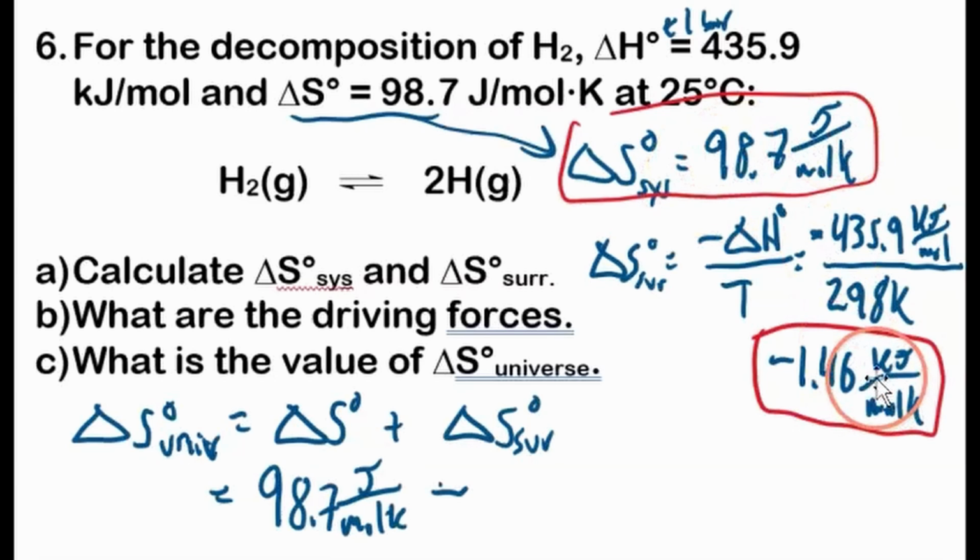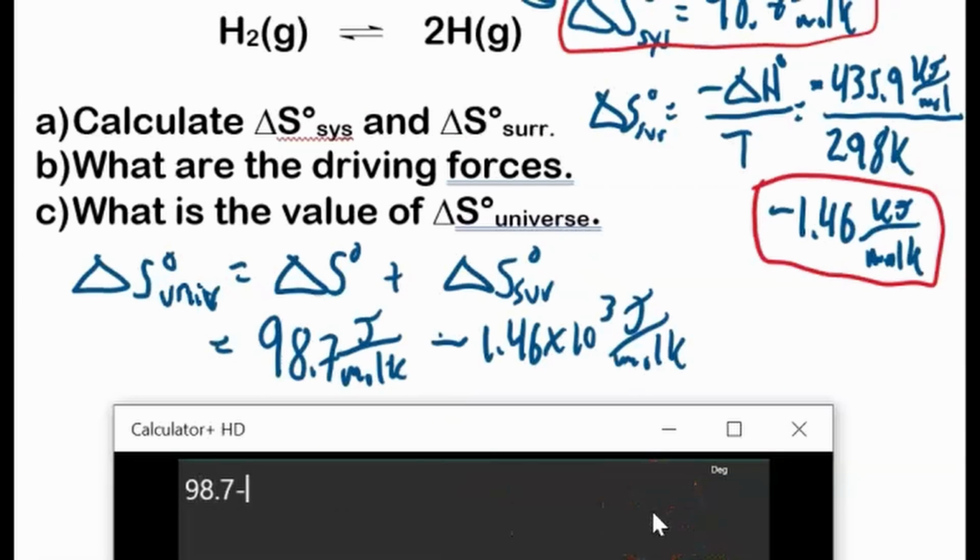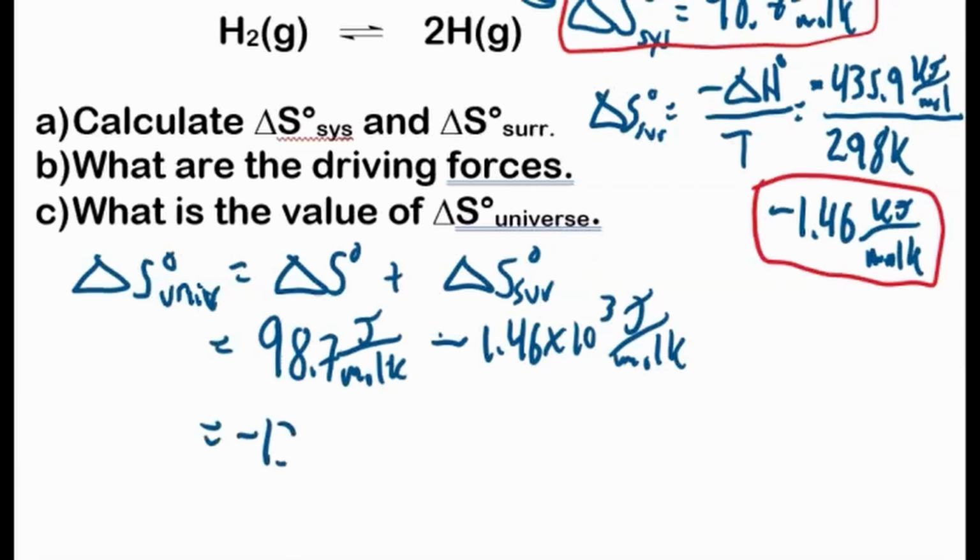This is in joules, this is in kilojoules. So now we have to subtract 1.46 times 10 to the 3 joules per mole Kelvin. Okay, so if we add this up, 98.7 minus 1.46 times 10 to the power of 3 joules, this is a negative number, right? Negative 1361.3 joules per mole Kelvin.